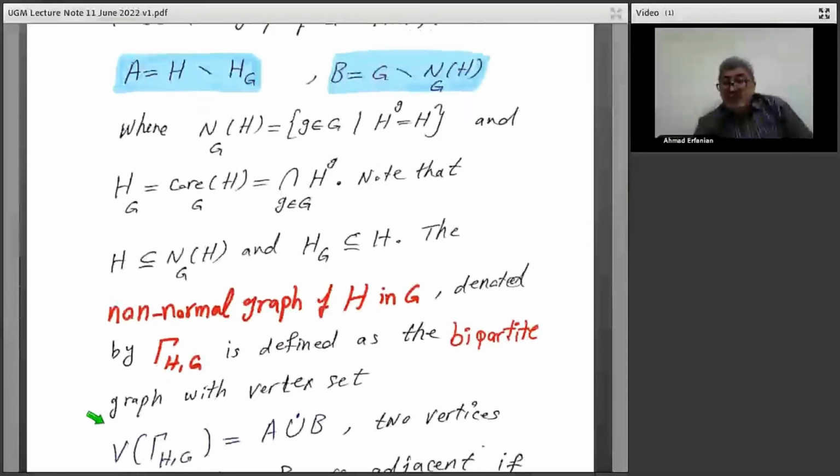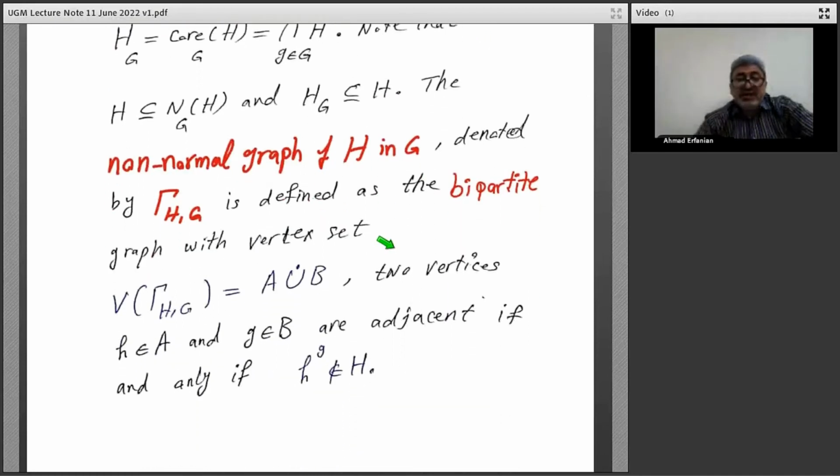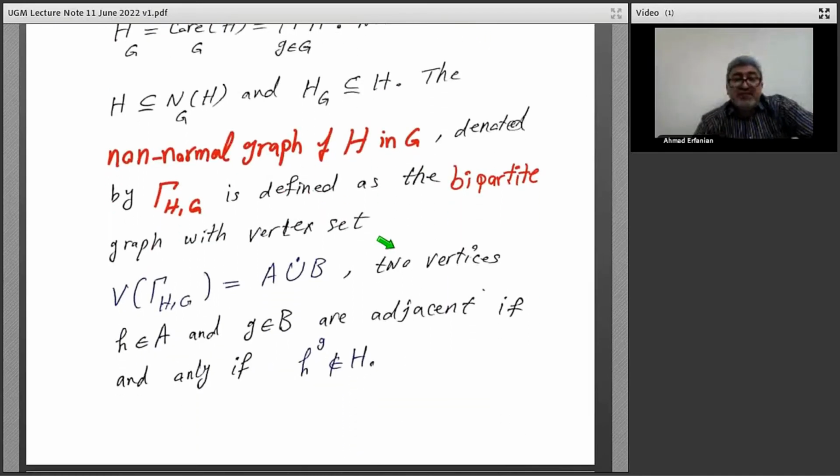Right, so we know that H is always contained in the normalizer, and H_G is contained in H, right? The non-normal graph of H in G we may denote by gamma_H,G, which is a bipartite graph.